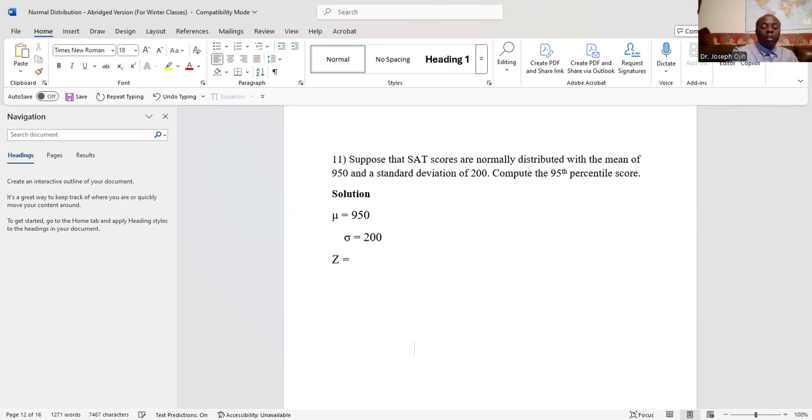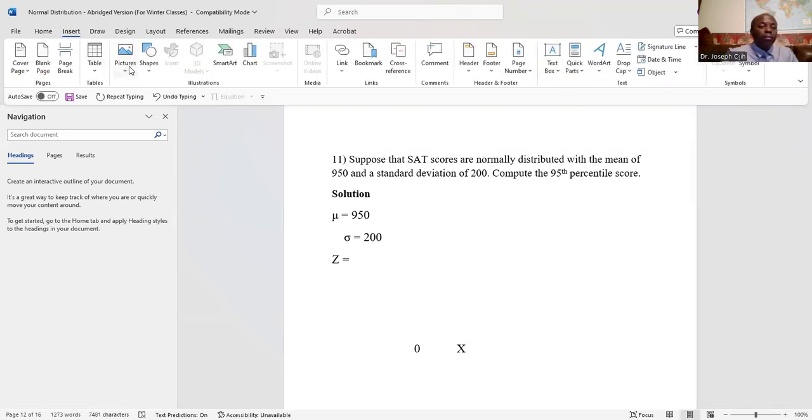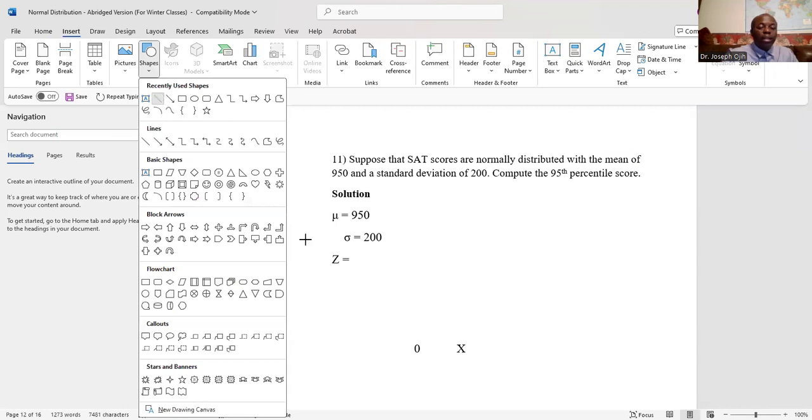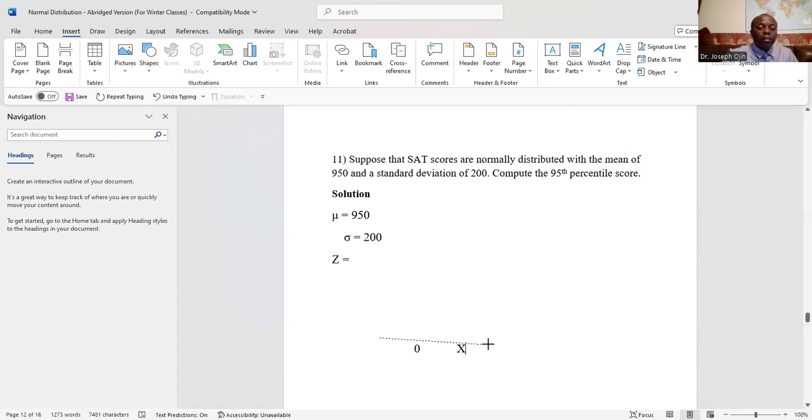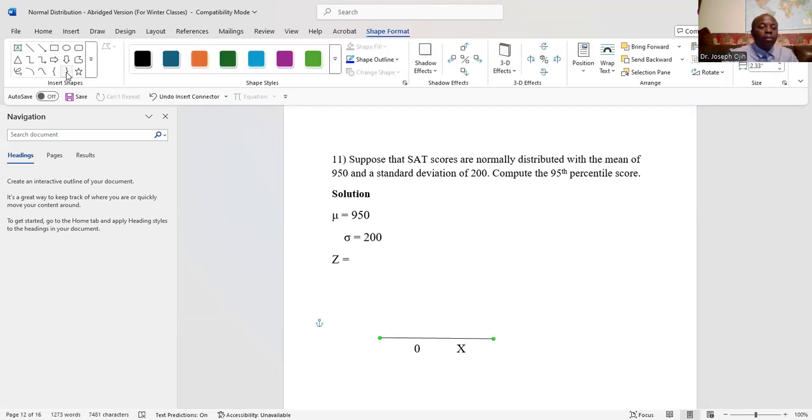Okay, so you have 0 and X. Then you can put the diagram. Put the X-axis, and you put the bell curve.